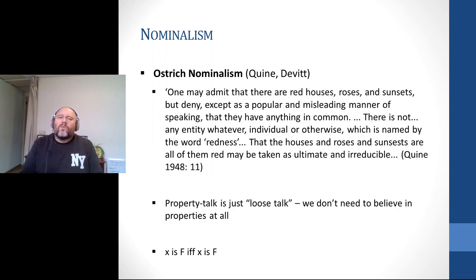But really, what's going to be basic, what we're just going to take as given, is that the mug is red, the fire engine's red, the apple's red. These don't need explanations. And anything that we'll talk about in terms of them having in common, that's just misleading talk. Exactly as Quine says, that's a popular and misleading manner of speaking.